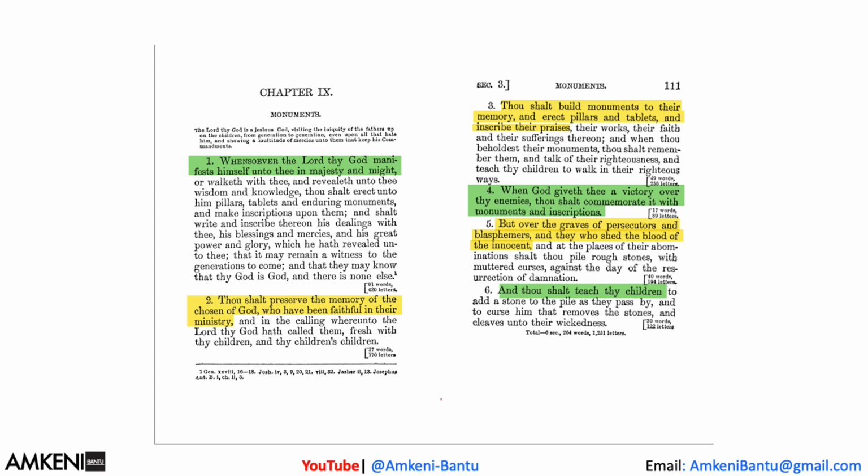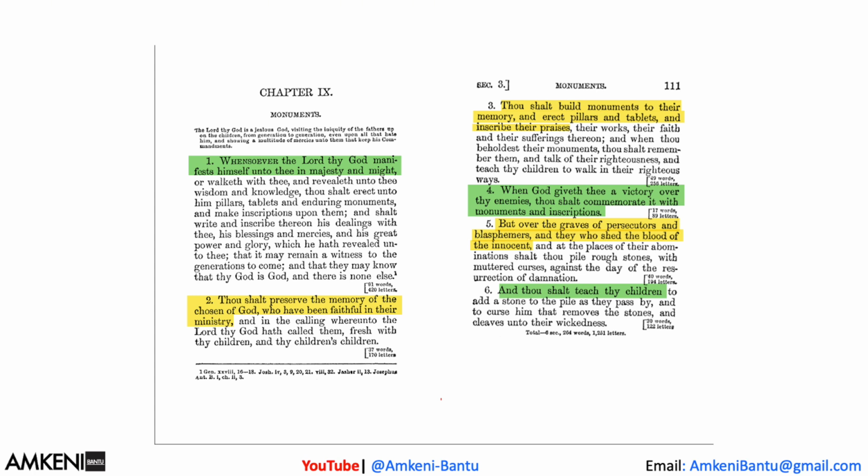Those of ancient times and those of today. You set up a memory on behalf of those individuals. Build monuments to their memory. Erect pillars and tablets and inscribe. That is key. You have to write about what those people did, their praises.